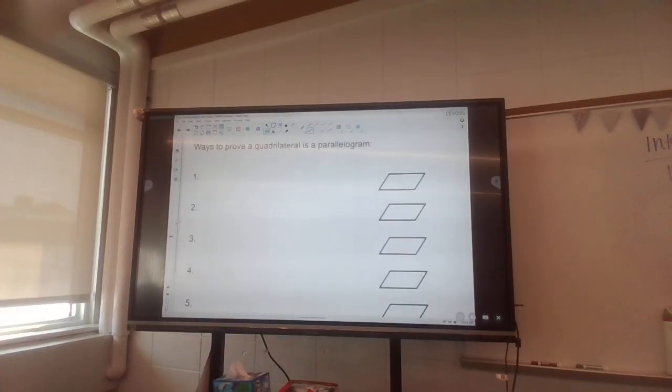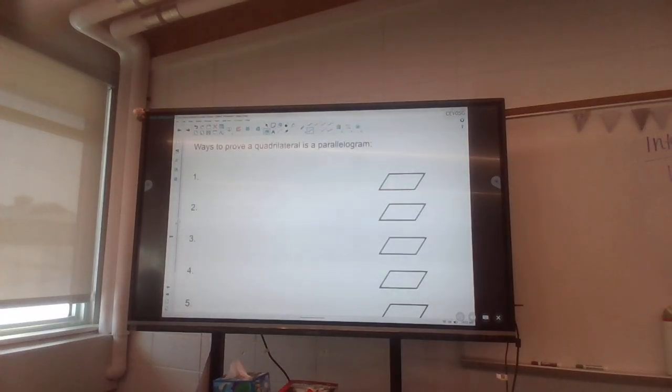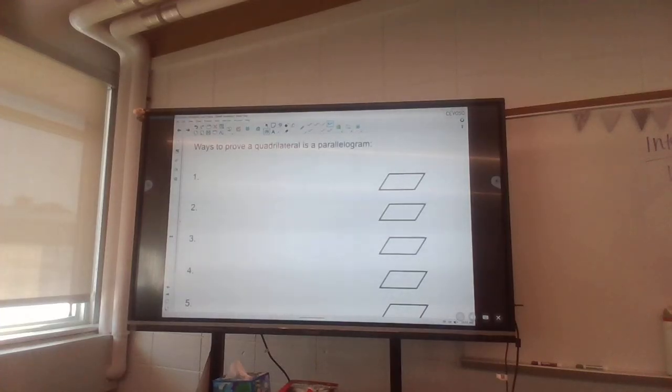A lot of them are the rules we learned yesterday. If you see this, we don't need all 5 things. We can use any of these 5 or enough. So it says ways to prove a quadrilateral is a parallelogram. Any of the following are enough.